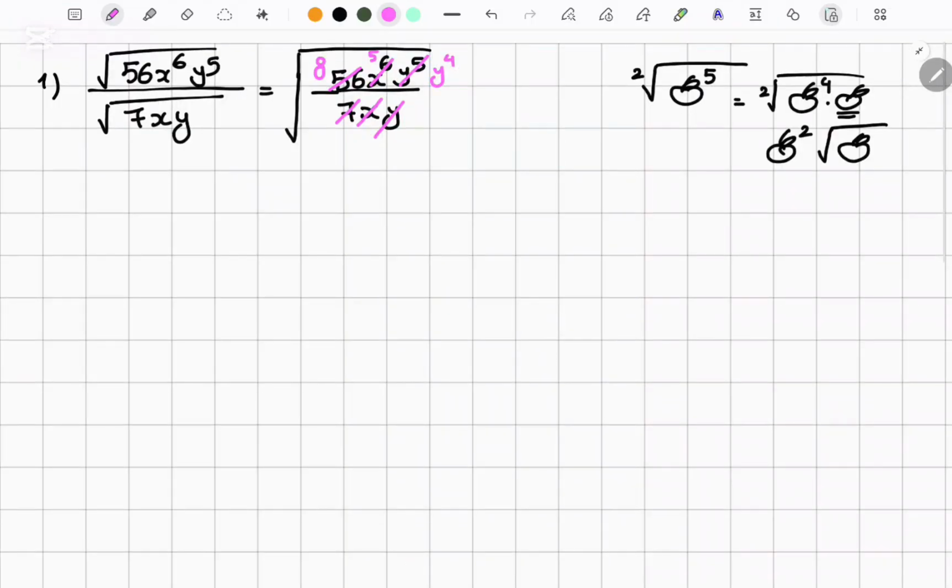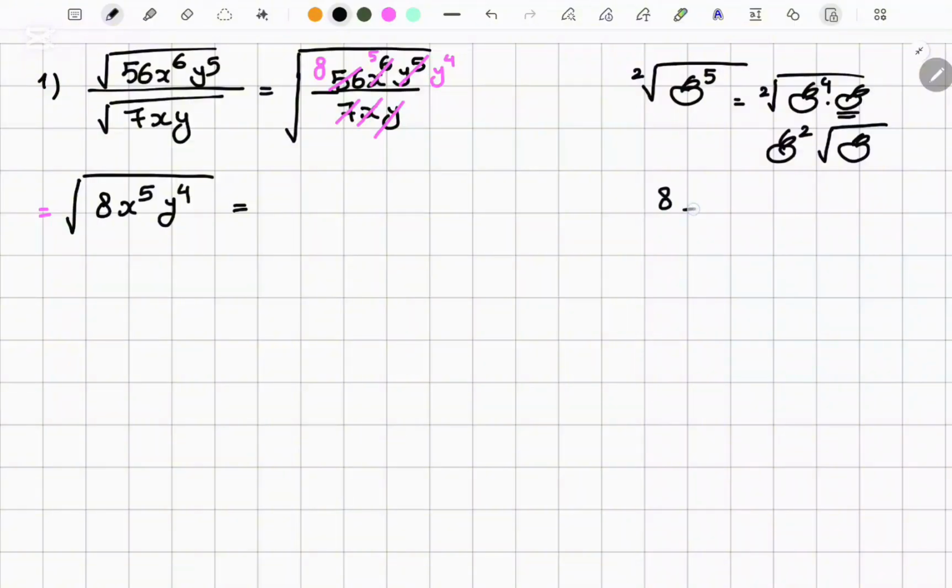So what is going to remain out of this is going to be 8x to the power of 5 and y to the power of 4, okay? So in order to see how you can write this in the simplest radical form, the thing that you need to do is this: it doesn't matter what number you have over here, you have to simplify it to its prime factors.